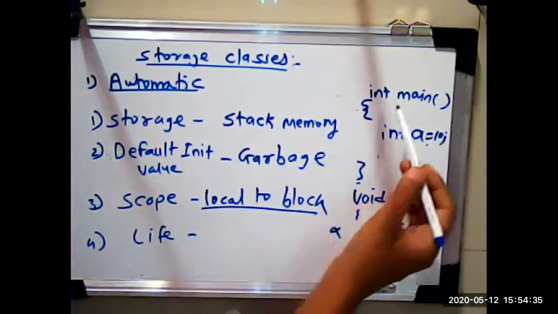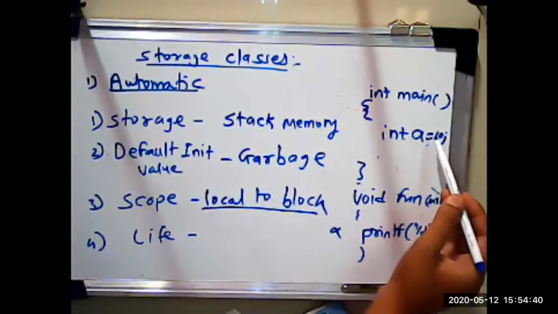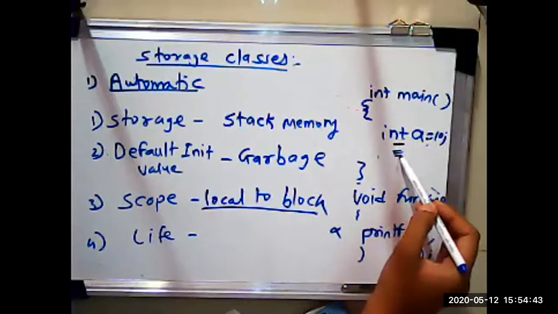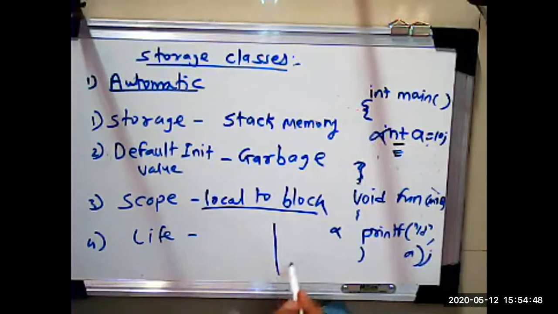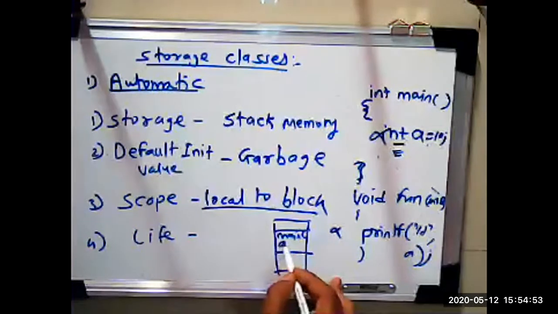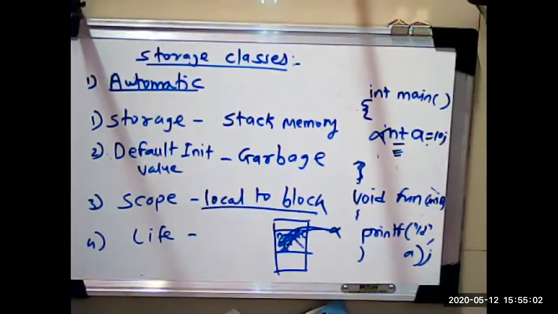In the main function, the variable is created, you assign a value, the main function executes, and when main is over, it is just like your stack memory: main gets popped, so the variable a gets deleted. All the variables declared inside your function get deleted. So that's what life is: till the program control remains within the block in which that variable is defined.